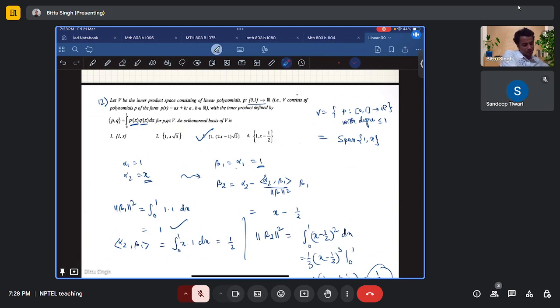For example, we have already seen that the norm of x is actually not 1. What is the norm of x? Just integrate x squared, which will give 1/3. Square root of 1/3. So this is incorrect.